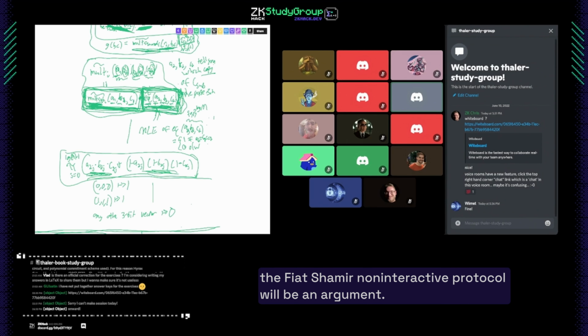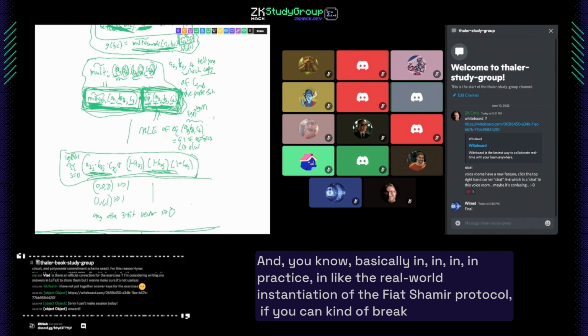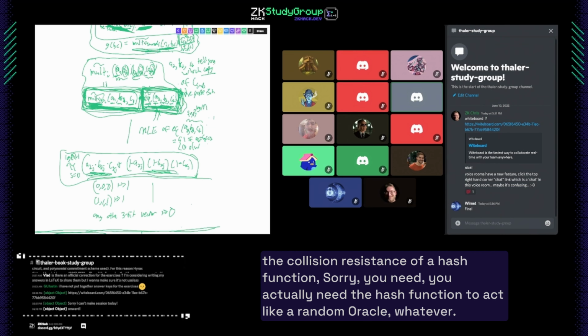The Fiat-Shamir non-interactive protocol will be an argument, and basically, in the real-world instantiation of the Fiat-Shamir protocol, you actually need the hash function to act like a random oracle, whatever.